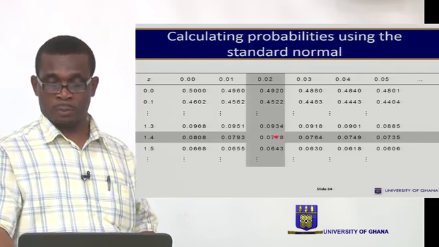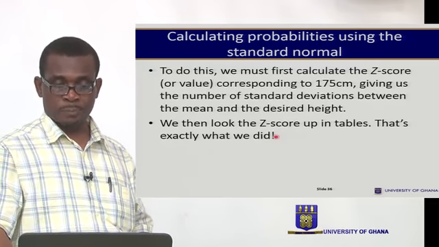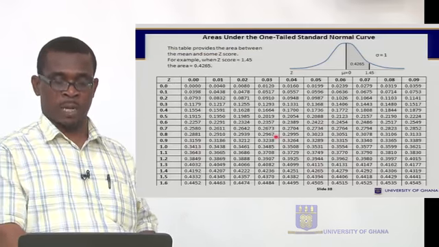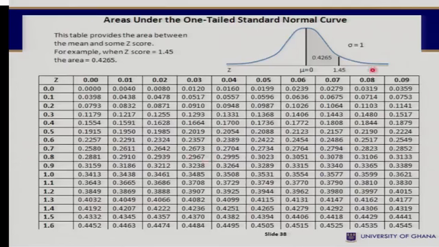But there are other normal tables. For example, there's this other table that I'm displaying. Instead of giving you the area to the right, it gives you the area between 0 and a certain value z, which is in this case 1.42. So it tells you that the area under the curve, which is shaded, from z equal to 0 to z equal to 1.45 is equal to 0.4265.